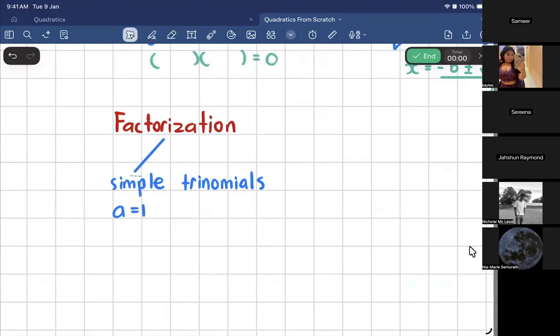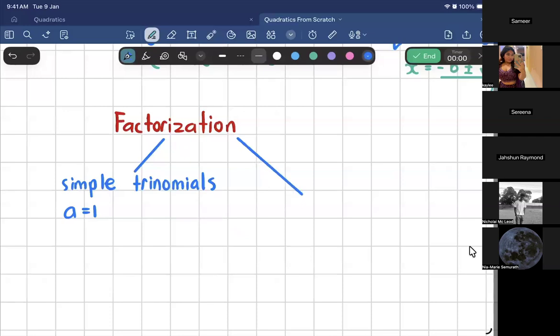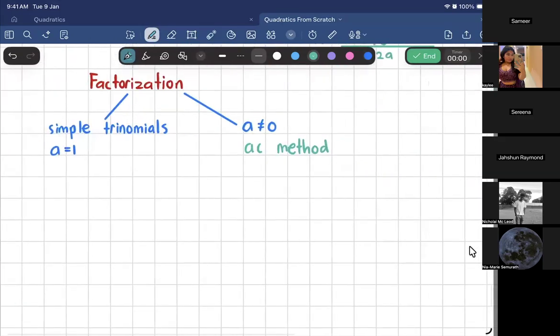That is the simplest one to factorize. Then we also have the instances where a is not equal to 1. If a is not equal to 1, you look at the AC method. So let's start. Number 1, simple trinomials.